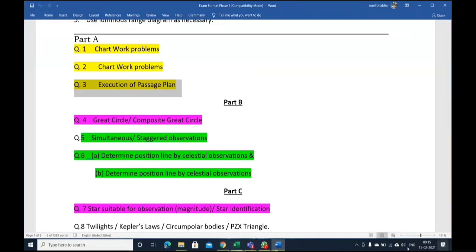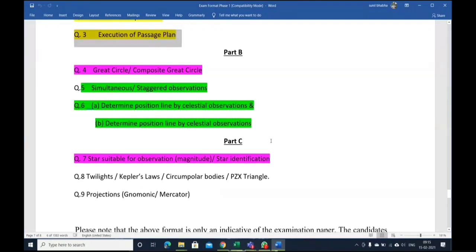The bottom 2 parts of the paper, B and C, are based on celestial navigation. Question number 4 is on great circle and composite circle sailing. Question number 5 is on plotting and graphical combination of sights, which we also call simultaneous staggered observation.